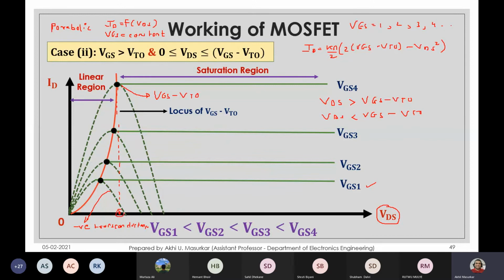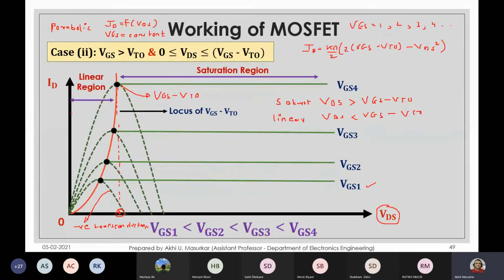If it is less, we call this the linear region, and if it is more, we say the MOSFET is in saturation. This is how we decide whether the transistor is in linear or saturation.